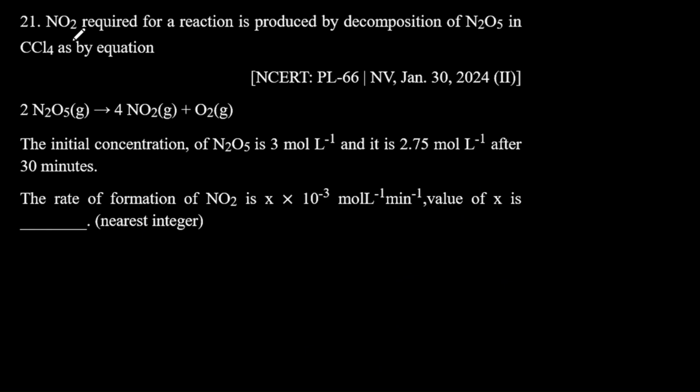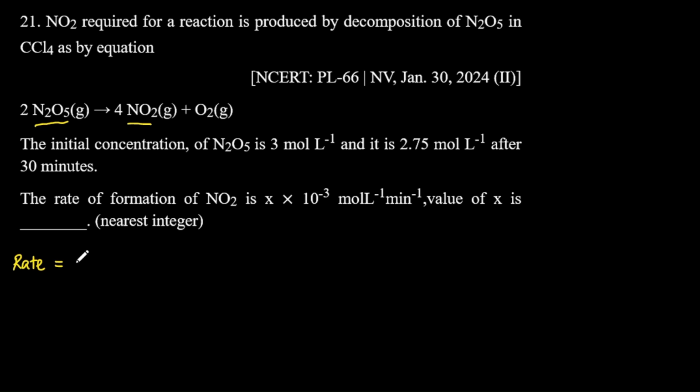Next question is, NO2 required for a reaction is produced by decomposition of N2O5 in CCl4 as by equation: 2N2O5 gives 4NO2 plus O2. So, in this equation, you have to see the reactant N2O5 and the product NO2. For this equation, you can write the rate of the reaction. We know that rate of disappearance of N2O5 should be equal to rate of formation of NO2.